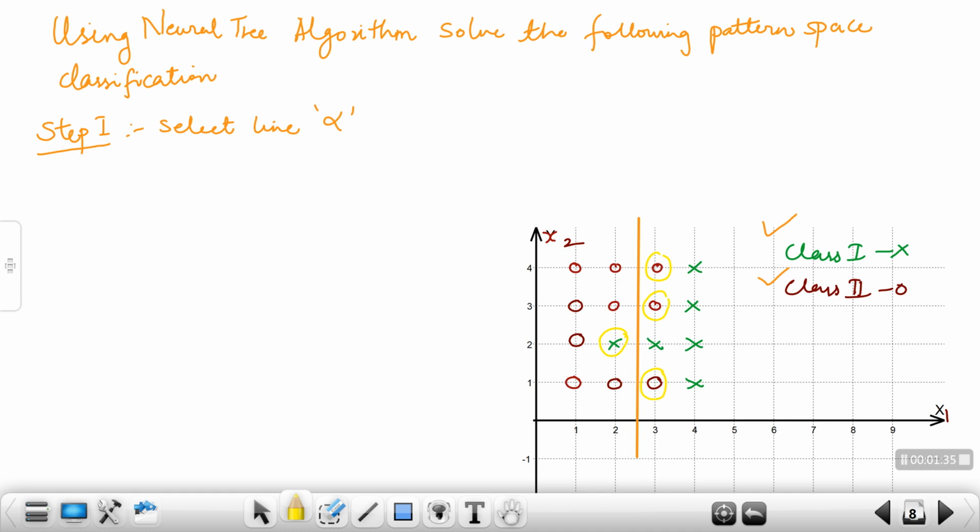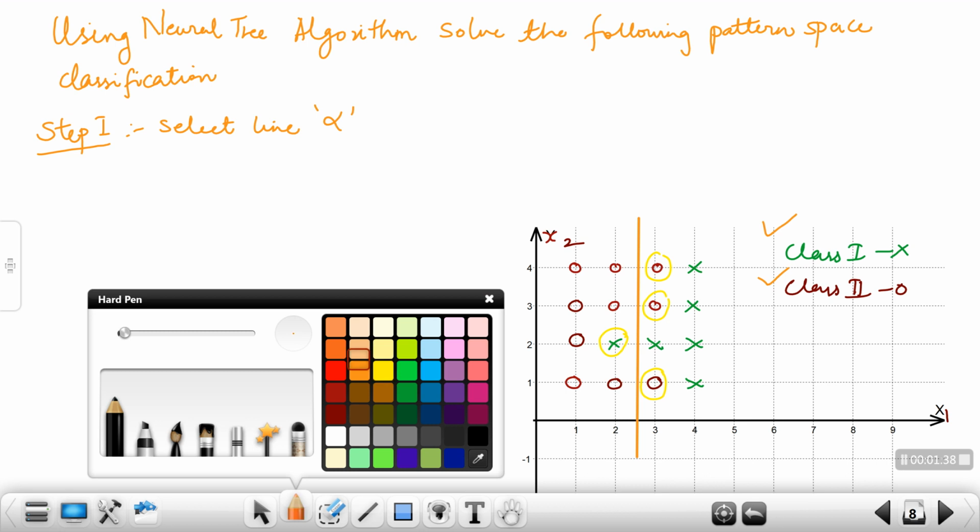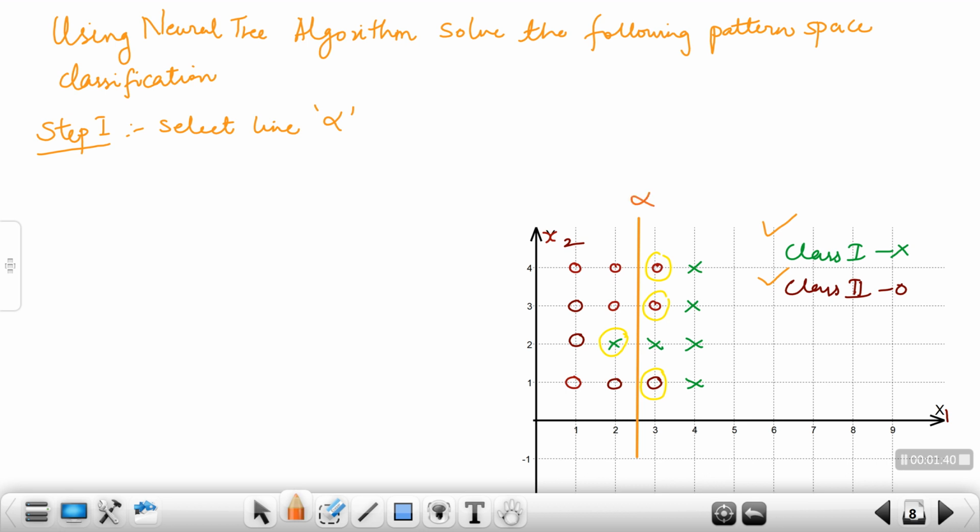So I have taken this first line as alpha, and the direction, as we have seen, we usually take in the direction of class 1. Before that we shall assume that for the class 1 patterns the output will be high.